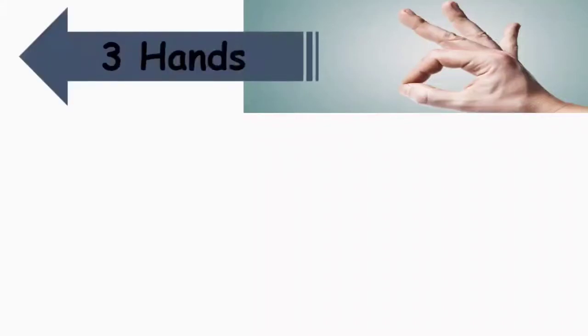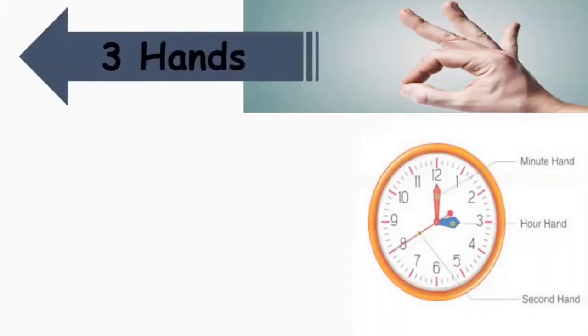Now, we know which are the tools to measure time. But how do we measure the time? So, students, in our clock, there are three hands which are very important. So, let's see which are these three hands. First is the minute hand, then the second hand, and third is the hour hand.